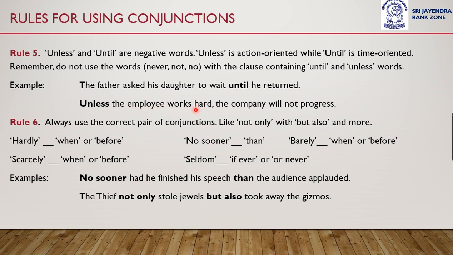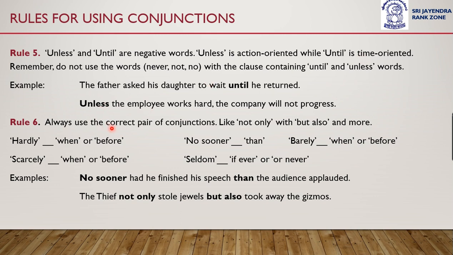Employees have to work hard, then only the company will progress. So this sentence denotes action, therefore unless is used instead of until. I hope the use of unless and until is clear to you. Unless is used in action oriented sentences and until is used in time oriented sentences.